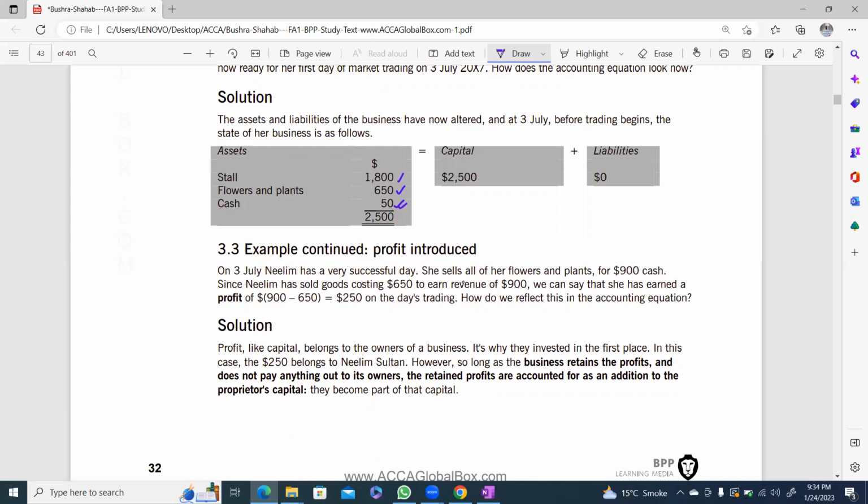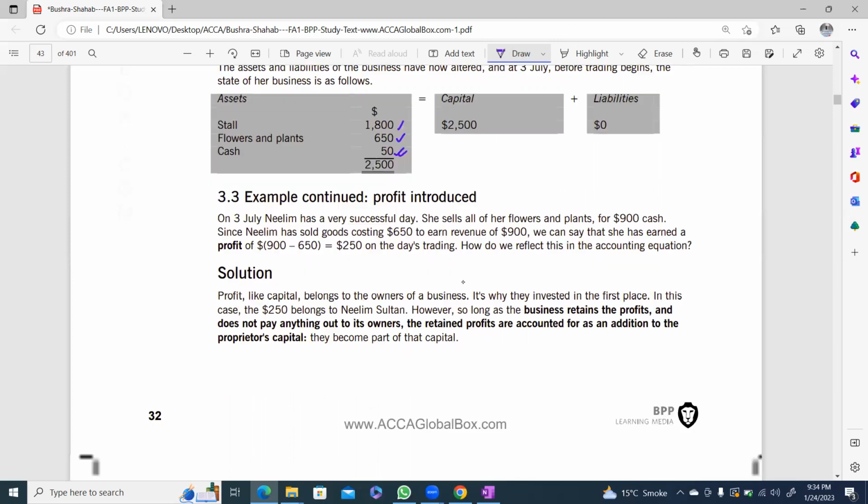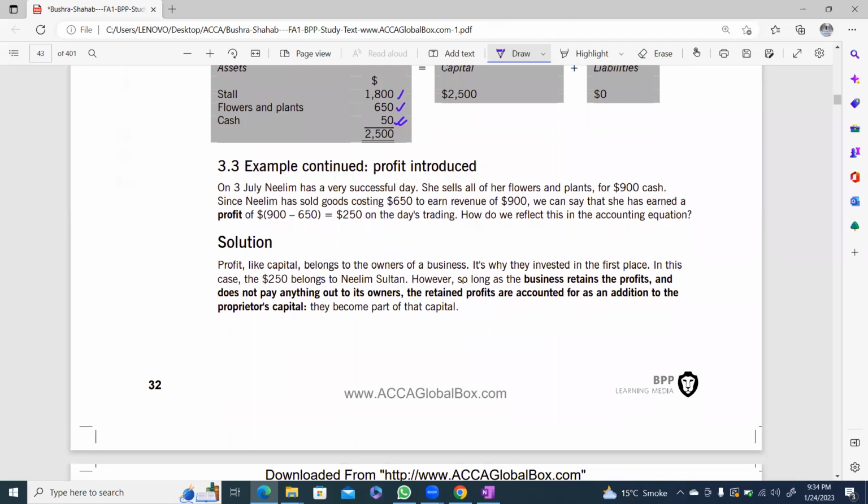What will be the effect on this equation if you invest into the business? This is just an equation. Double entries we'll study in chapter 3 or chapter 4. This is just telling you how you have to use this equation to find the missing value, to have the concept of assets, capital, liabilities.